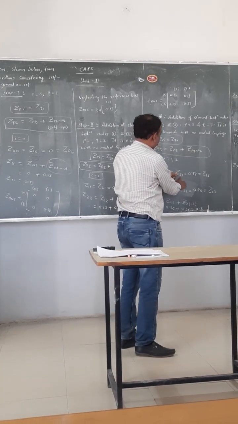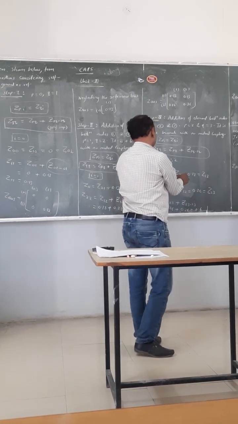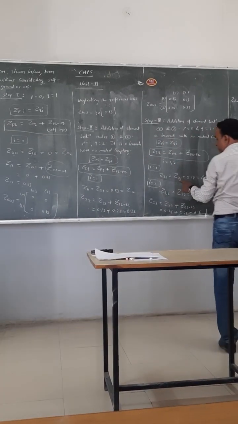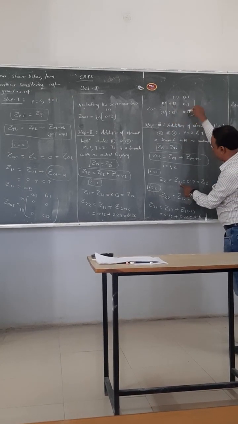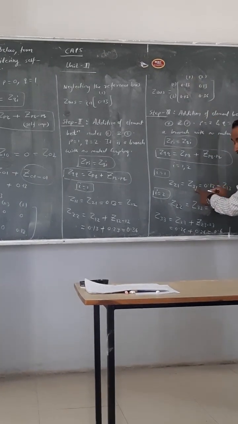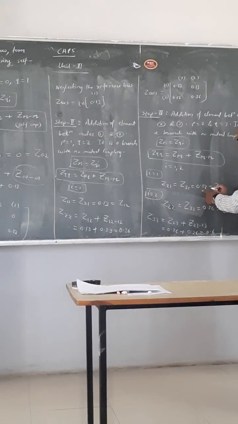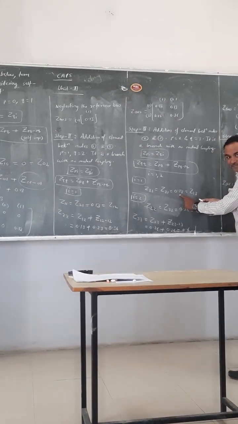What is the value of I? 1. So this is, but we know the value of Z21. What is the value? 0.13. Now we can also write that Z31 is equal to Z13.